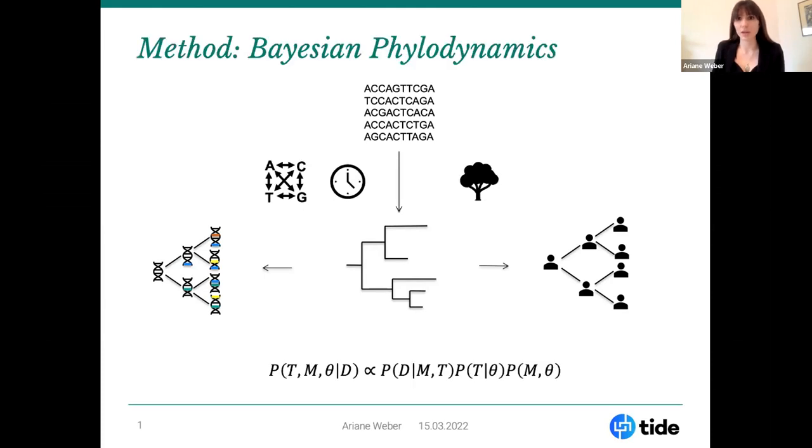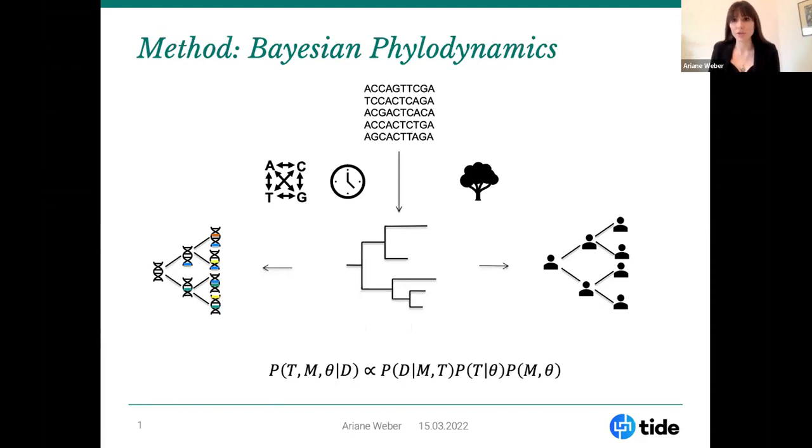And in what I'll be showing today, we're doing this in a Bayesian framework, which means that we sample in an MCMC framework from a posterior distribution of trees. This posterior distribution, shown here on the bottom, is proportional to the product of the likelihood and the prior distribution. The likelihood is the phylogenetic likelihood, so it depends on the substitution as well as the clock model, and it scores how well the sample tree fits the evolutionary relationship between the samples.